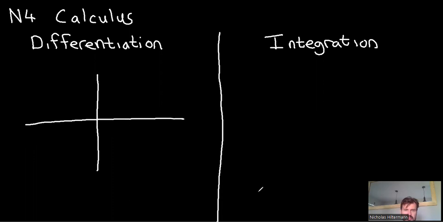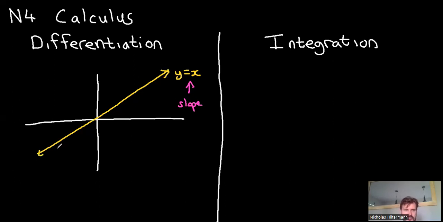So let's just start with a straight line graph, because that's the simplest graph that we know. If I have this y equals x graph, the slope is 1, because I get that from my gradient. So the number in front of the x, we have a slope of 1.